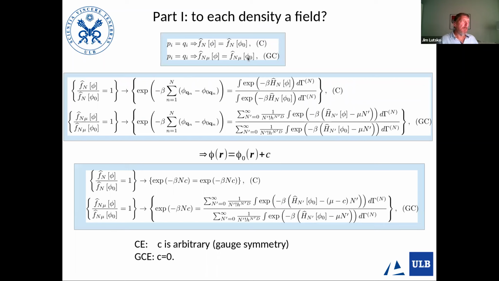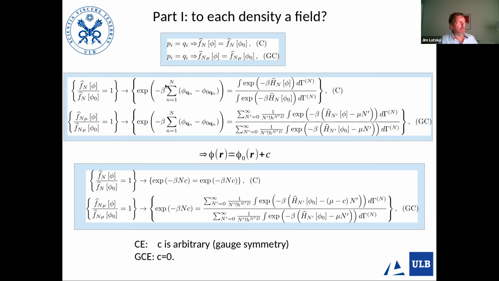Now, what does it mean to say that the distributions are the same? Well, it means, for example, that the ratio of the distributions is equal to 1, no matter what the coordinates of all the particles are, what their momenta and their positions are. And the same thing in the grand canonical ensemble. And so if you write out this expression and move some terms around, you get something like this. Obviously all of the kinetic stuff cancels out, and you just get, again, this term involving the two fields.